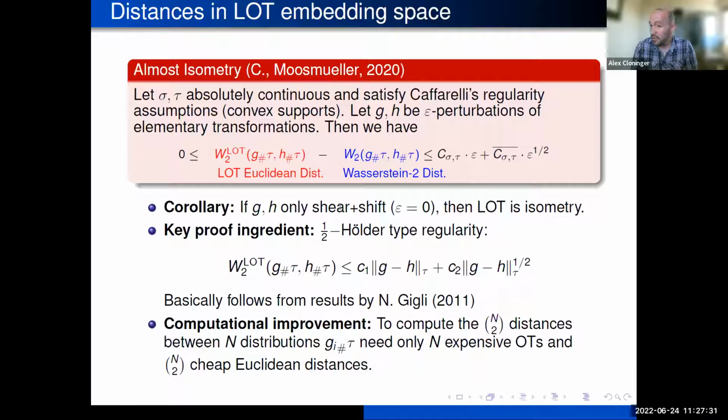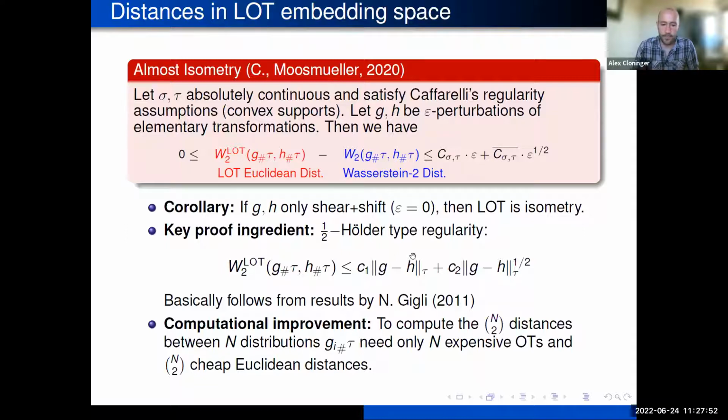If I'm only considering shifts and scalings, forget about perturbations, it's an isometry. They're identical. So if you have a problem where you have point clouds shifted and scaled, you can do an LOT embedding, and you will have an isometric embedding of the Wasserstein distances.